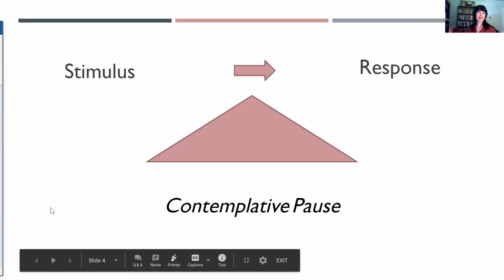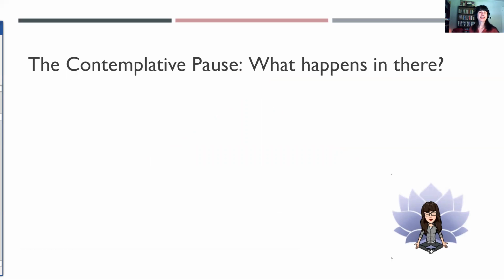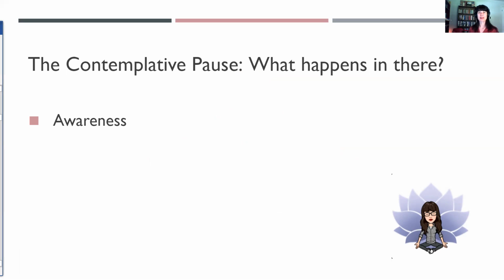So I get a stimulus, I get a stressor, and a first step of my contemplative pause is awareness. Here is where I simply notice non-judgmentally right here and right now. I think of this as gathering data. I'll use the example of getting an email from a challenging person in my life.